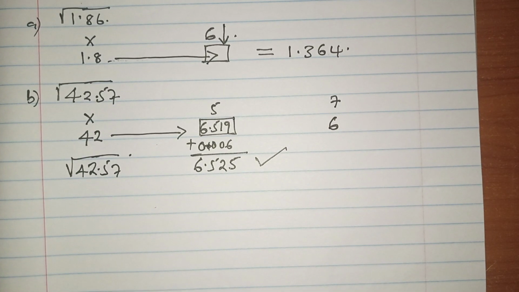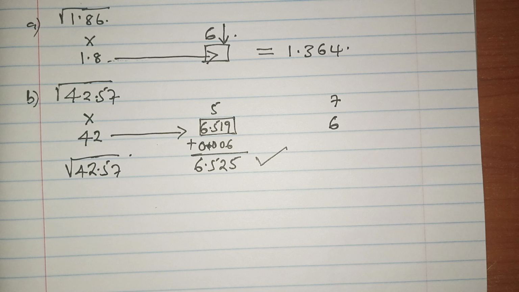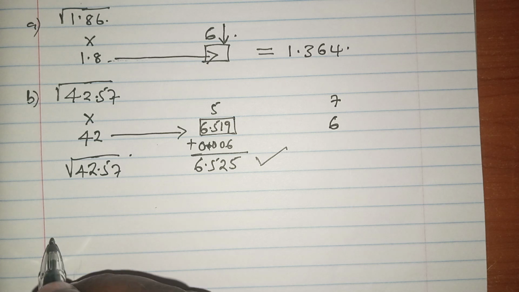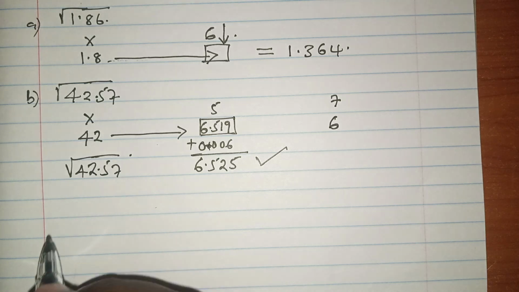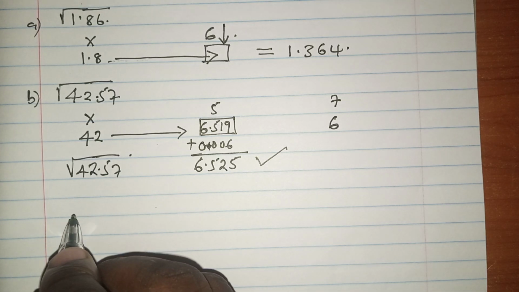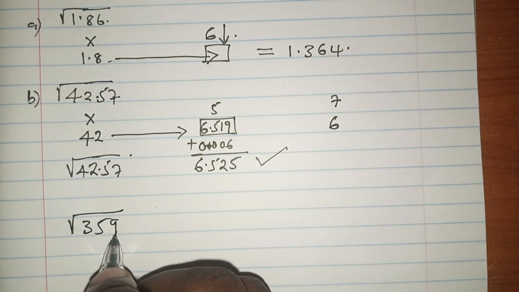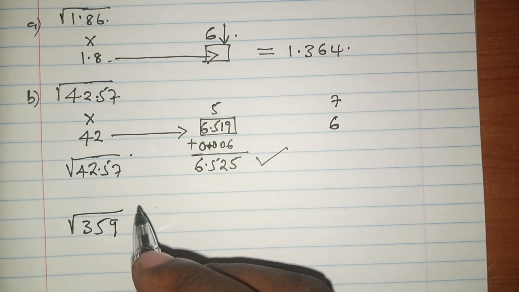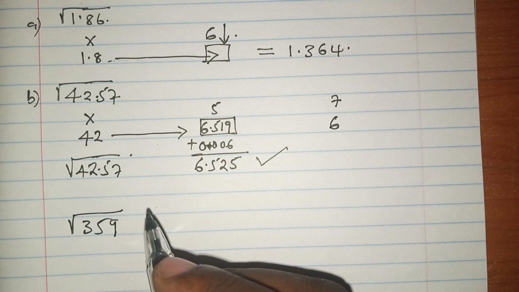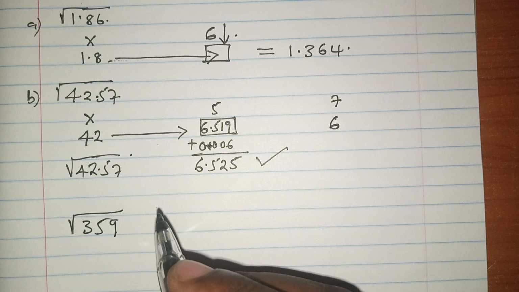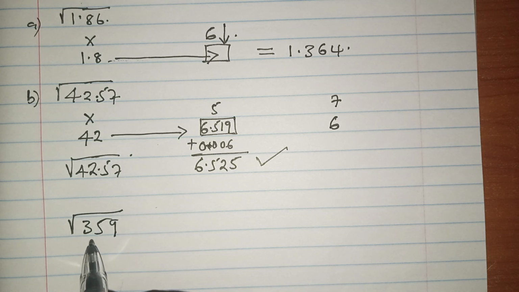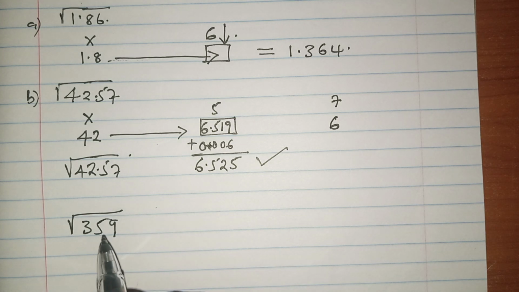Moving forward, how about the square root of 359, for example? Exercise. In this case, and we should be very careful about this, we cannot get a direct square root of this number from the table. So what should we do?